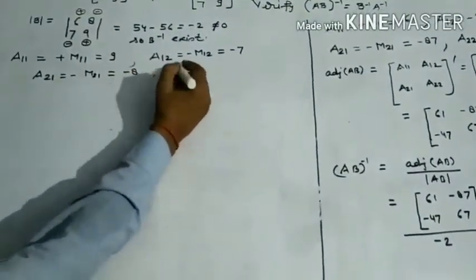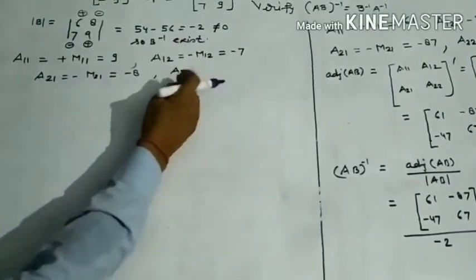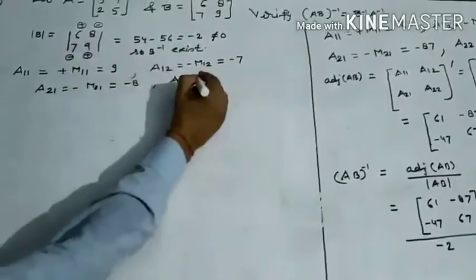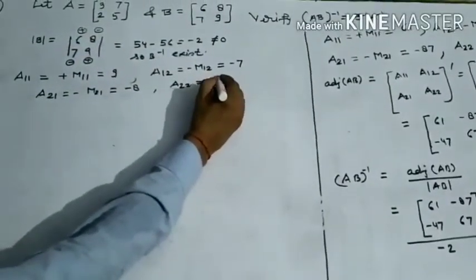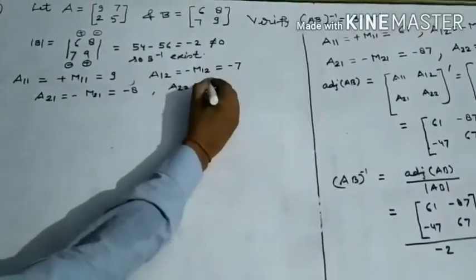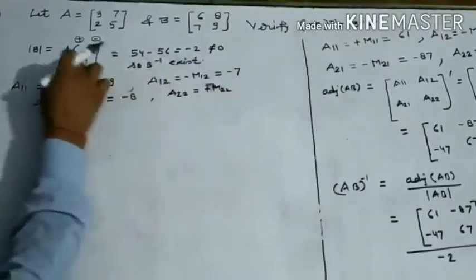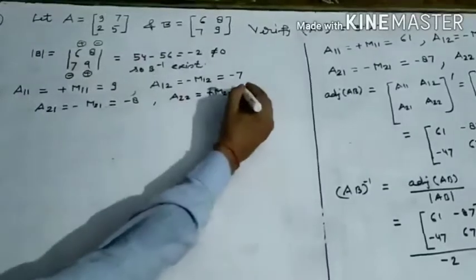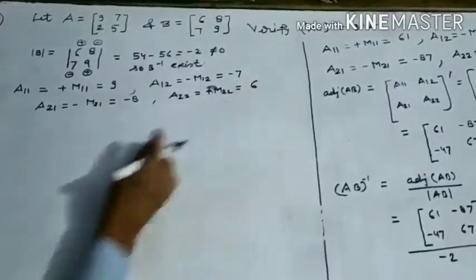Now A22 means the cofactor of the element of the second row and second column, so the sign is plus, so plus M22. If we leave second row and second column, what we will get is 6. So this is 6.